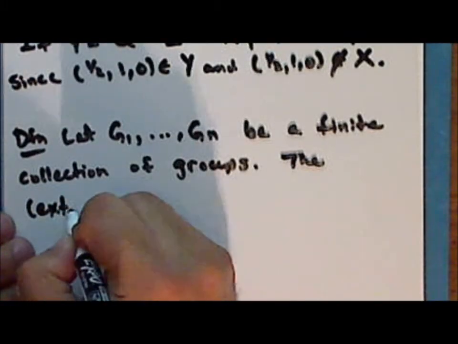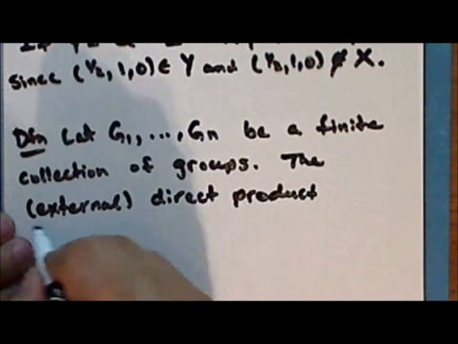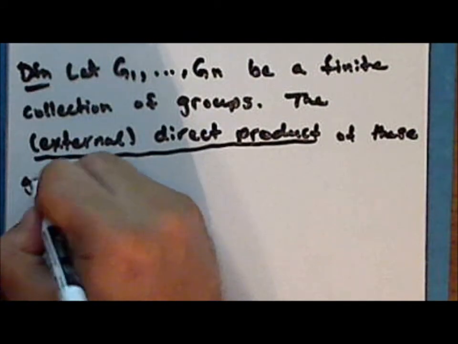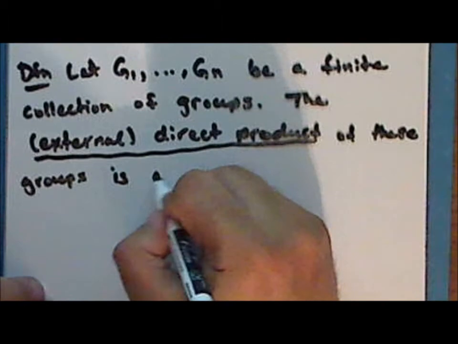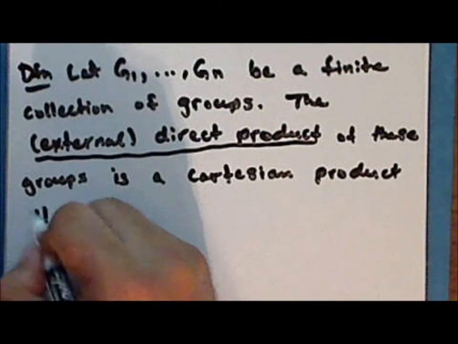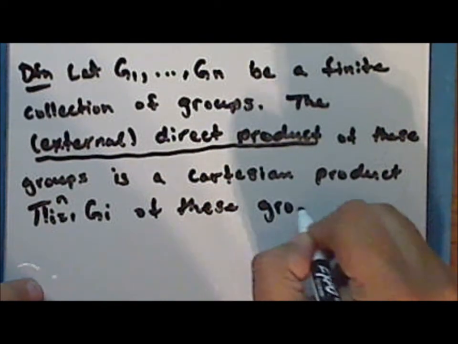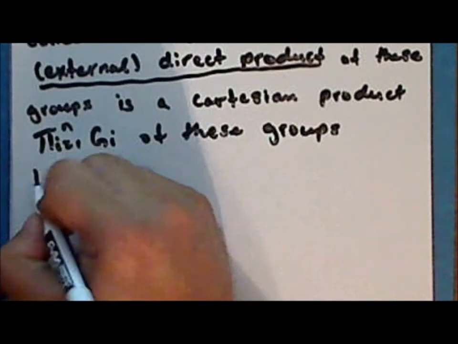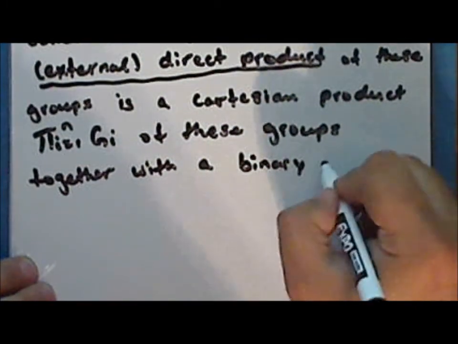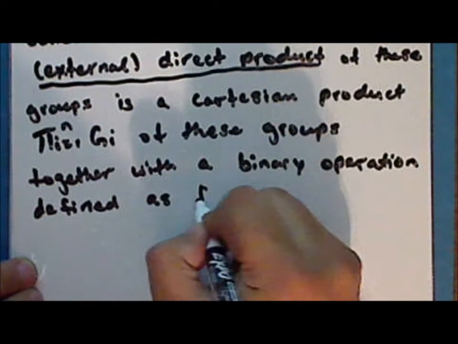The external direct product of these groups is the Cartesian product of these groups together with a binary operation defined as follows.